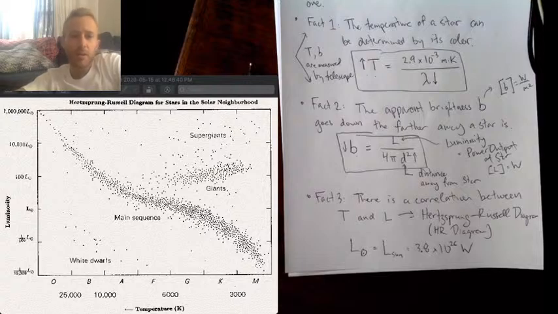If we go to the upper right-hand corner of the diagram, this is the cool stars, low temperature, so they're cool and they're bright.